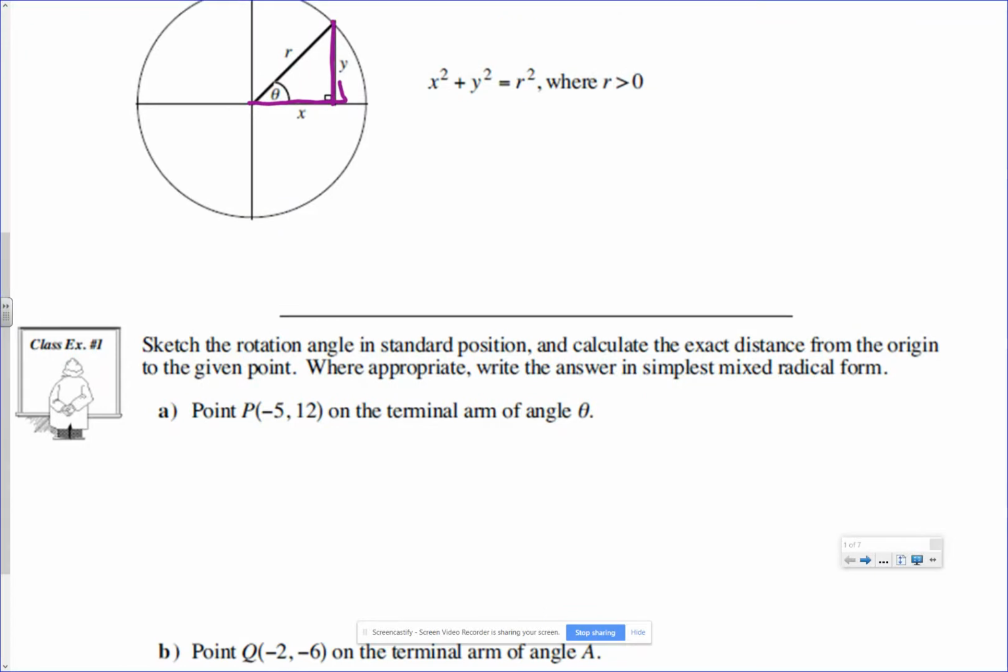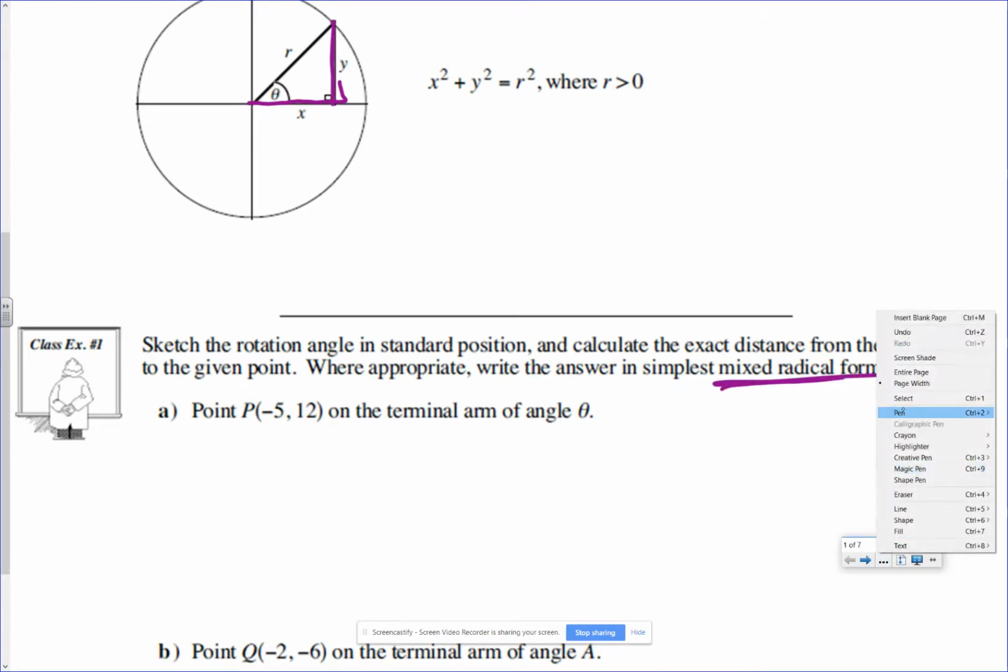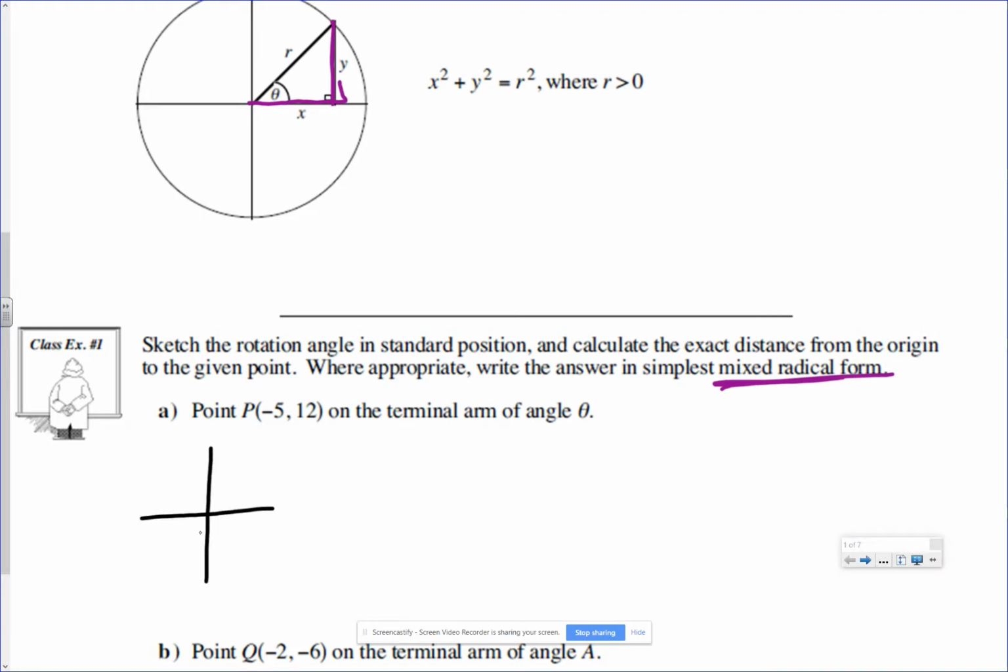So it wants us to practice these given the following points, and we're going to use them in mixed radical form. So with this one, I have to put this point on the graph. So I'm at -5, +12, which is up here. And then putting my values in for that right angle triangle, we know I've gone -5 over and +12 up.